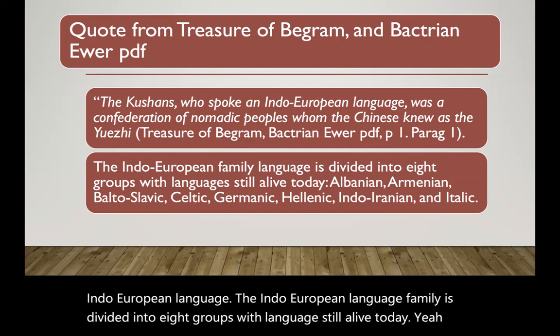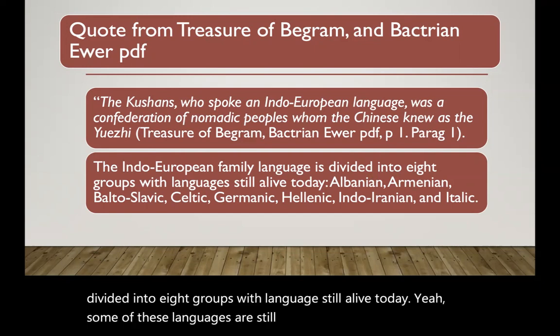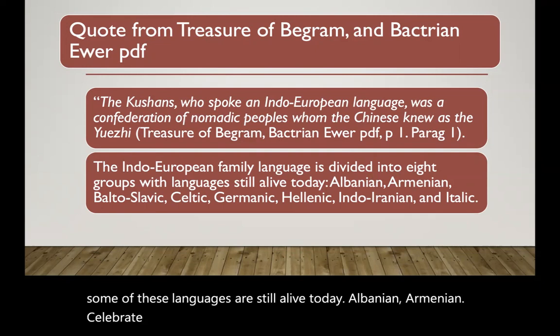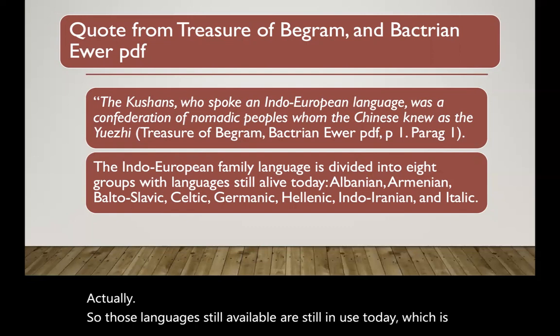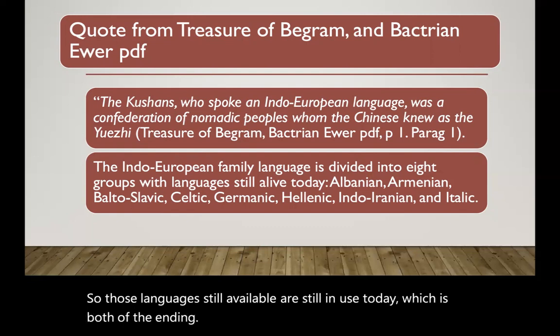Some of these languages are Albanian, Armenian, Baltic, Slavic, Celtic, Germanic, Hellenic, and Indo-Iranian. Yeah, so those languages are still in use today, which is part of the Indo-European language family.